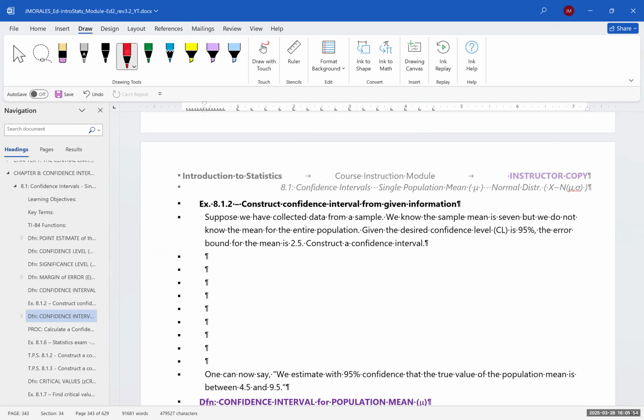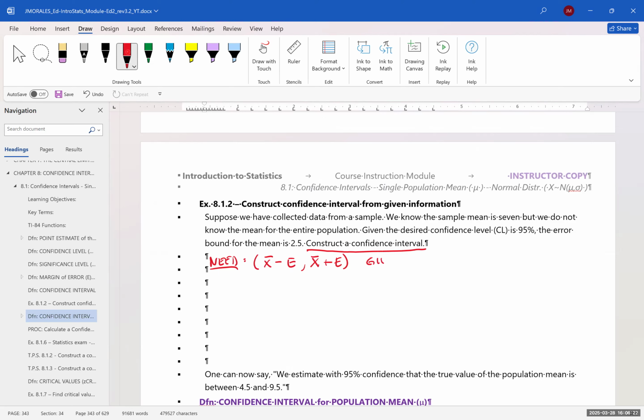Construct a confidence interval. So this is what we need to create. We need a confidence interval, so we need a point estimate minus error, and we need the point estimate plus error.